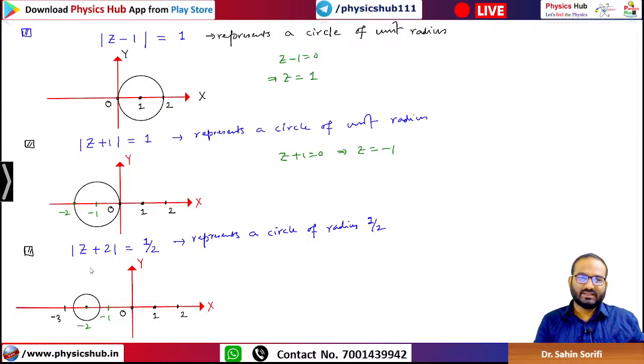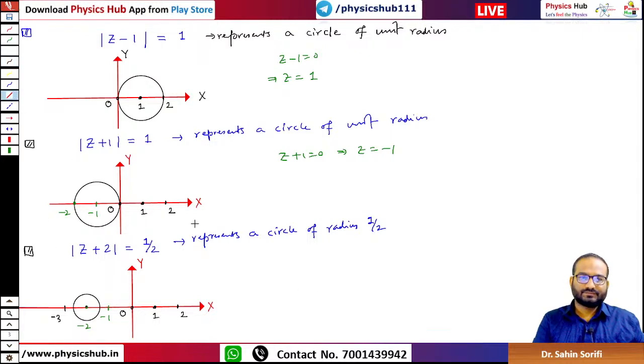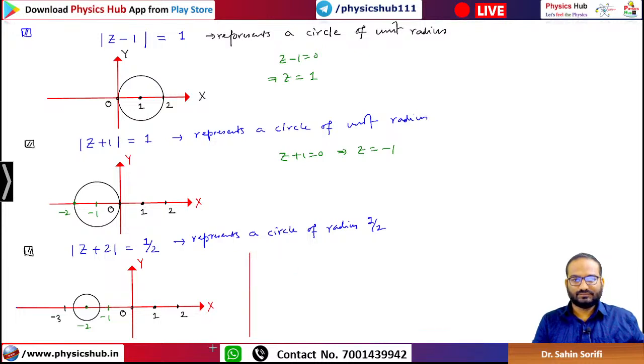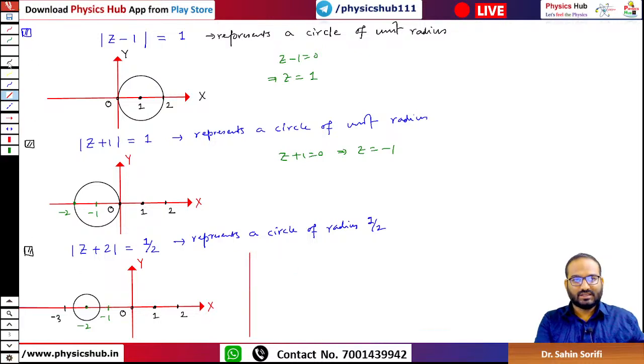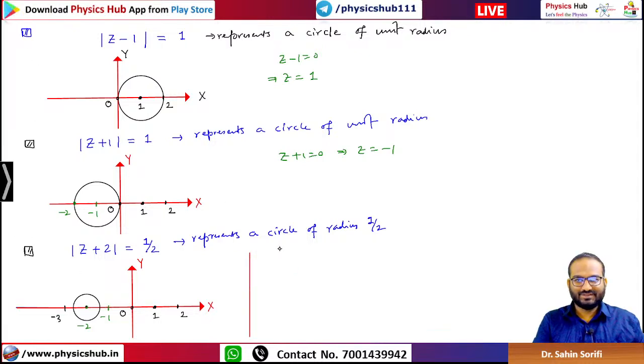One more, let's take this, it was asked to me in some interview, I think, if I remember correctly. They gave me z plus 2 equals to 3. Can you draw this?